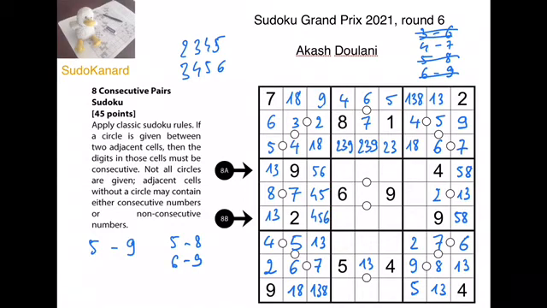This is 1 or 3. So this has to be 4 or 5. But 5 will need 6 as one of the neighbors, and 6 is not available. So this one is a 4, and it disambiguates all of this. Those now must be 3 and 5 in some order.